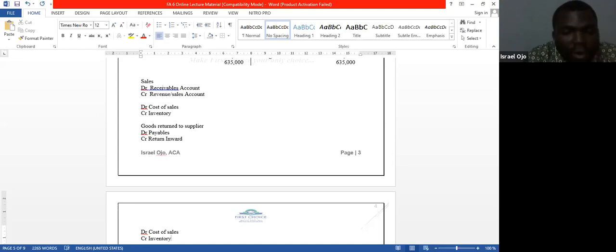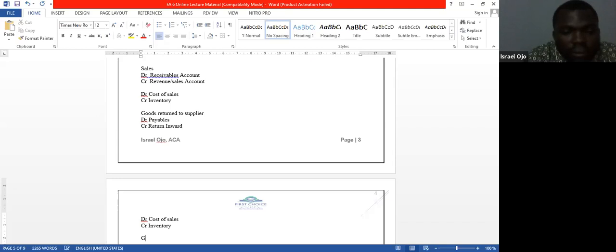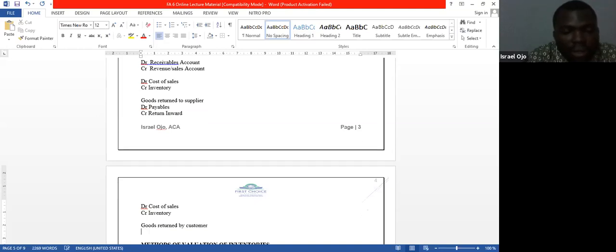For goods returned by customer, that means you have to reverse the sale. When you make sales initially, what did you do?